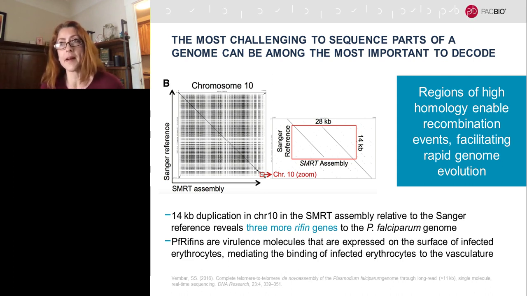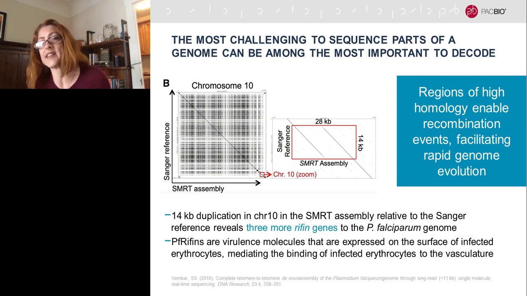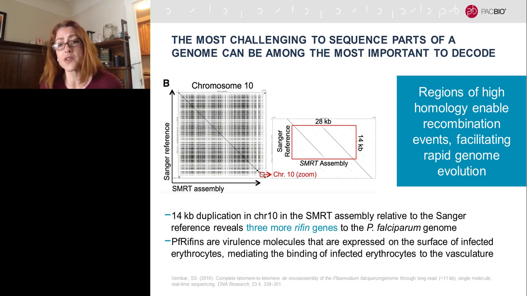These mediate the binding of infected red blood cells to the vasculature, and they're undergoing antigenic variation. So these genes are super important in understanding the course of the disease and also differences in virulence between strains. These are the kind of insights that are now possible when you have a fully assembled genome that includes those subtelomeric regions.